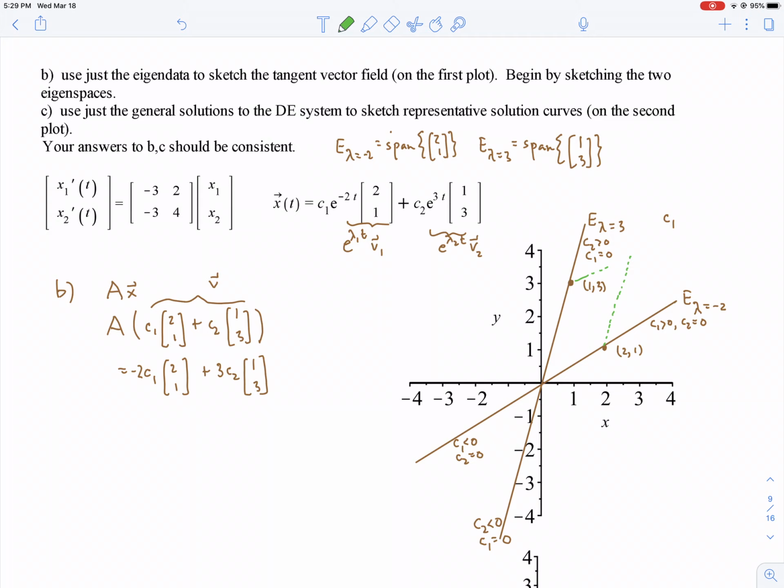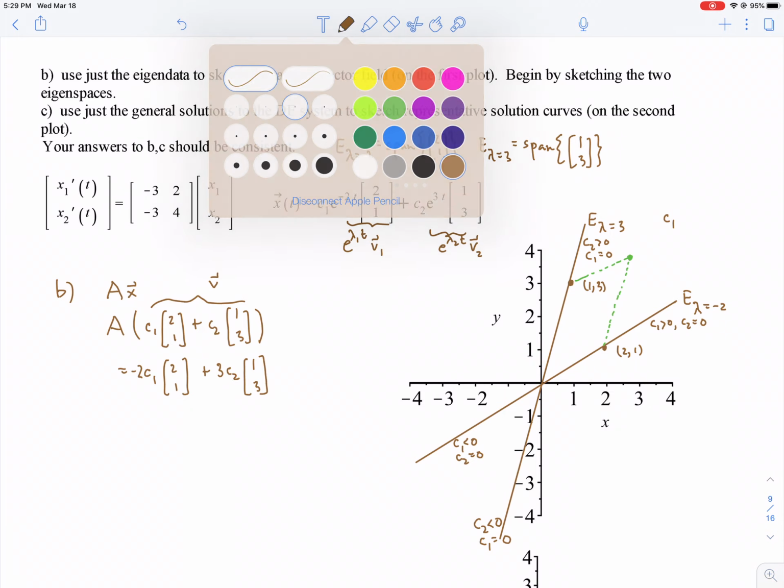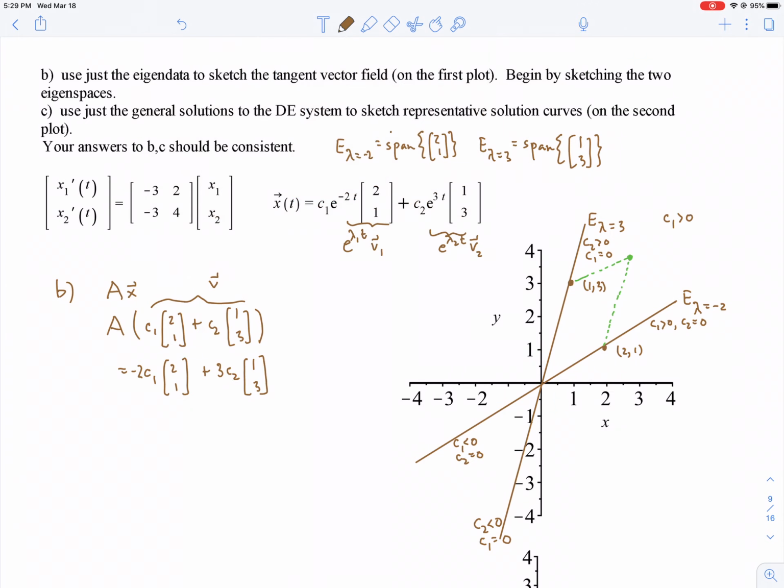So, for example, if I added (2, 1) to (1, 3), I would be at this point, which is (3, 4). And anywhere in that quadrant, the C1 is positive and the C2 is positive. And as I go around the other quadrants, the signs of the C's change analogously to how they do in the standard coordinate system.